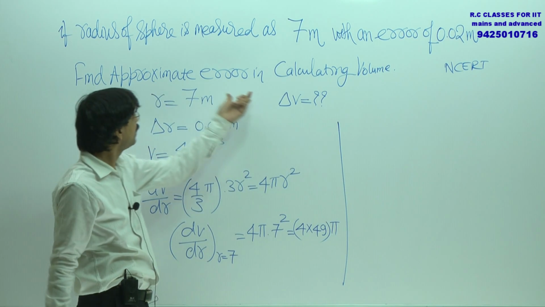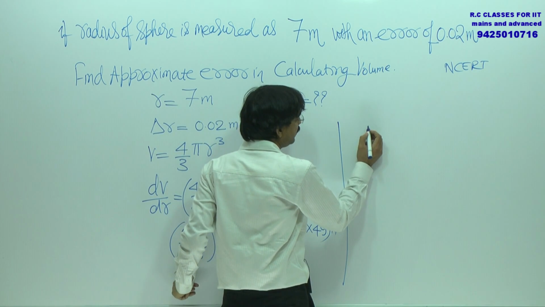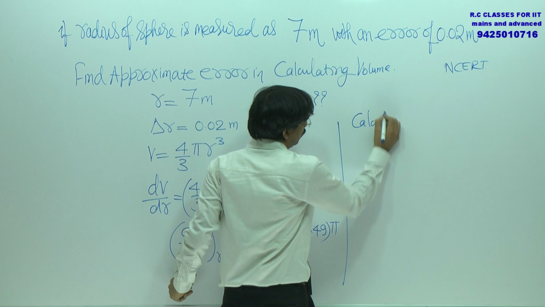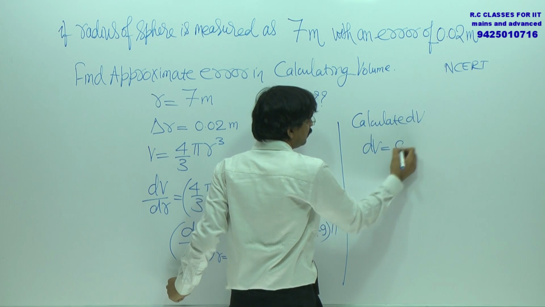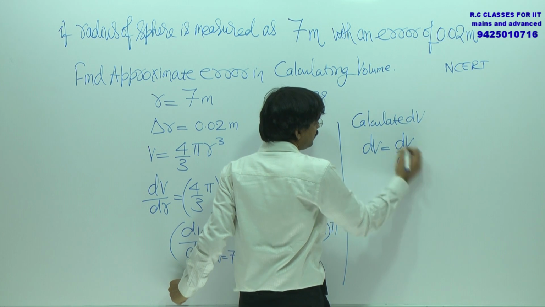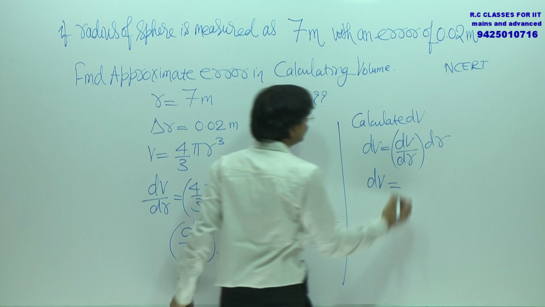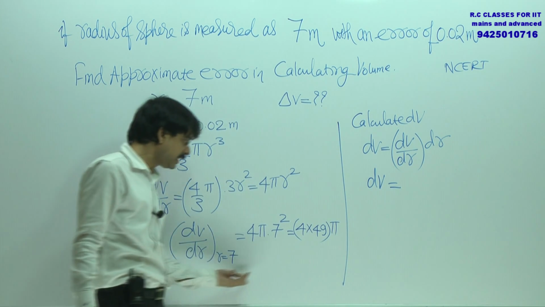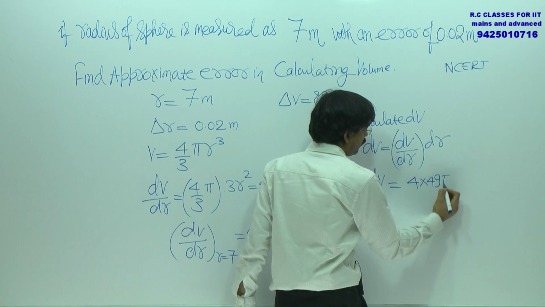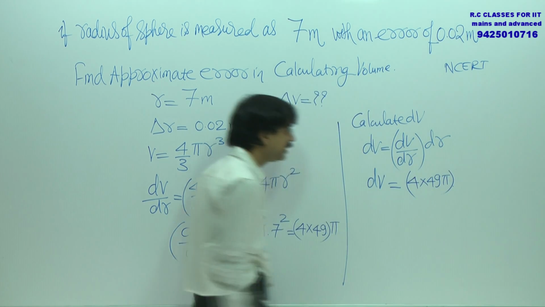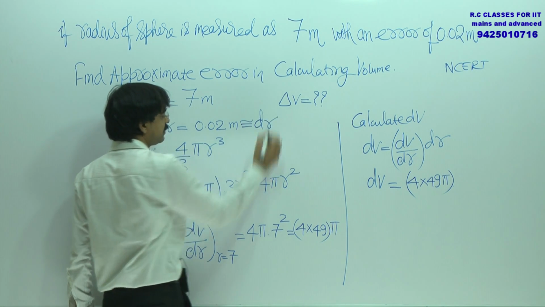We require the approximate error in calculating the volume. So dV by dr is known to us. To calculate dV, we use the relation dV is equal to dV by dr into dr. The dV by dr at r equals 7 is 4 into 49 pi into that dr. What is that dr? It is given as 0.02.